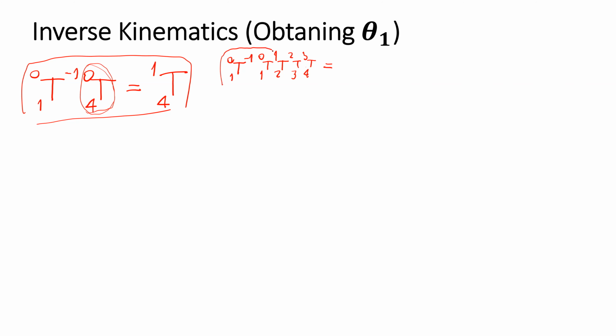This one, the inverse multiplied by the homogeneous transform, the product will be 1, 1, 1, 1. And finally, the equation should be true.